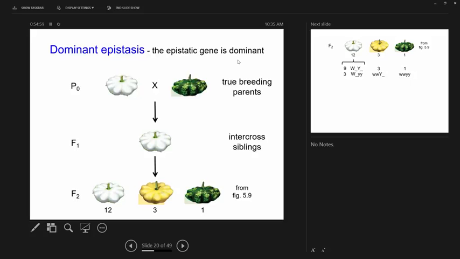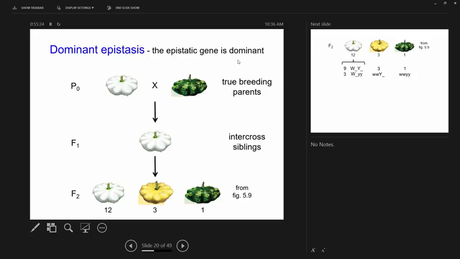They have a true breeding white and a true breeding green squash. Cross them into the F1, you get all white, so it looks like white's dominant. But then, just like in the F2 generation, the chocolate lab appeared where it wasn't in any of the parents of the F1. Here, now in the F2 generation, you get a 12:3:1 phenotype ratio.